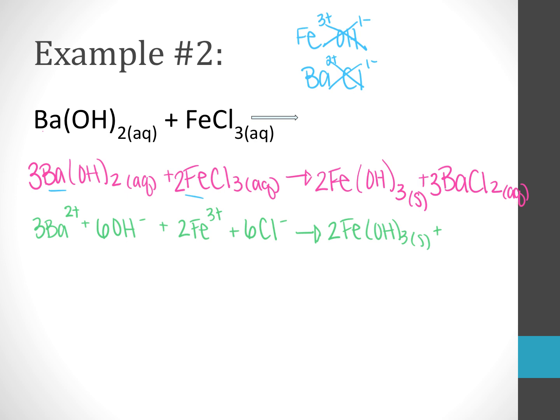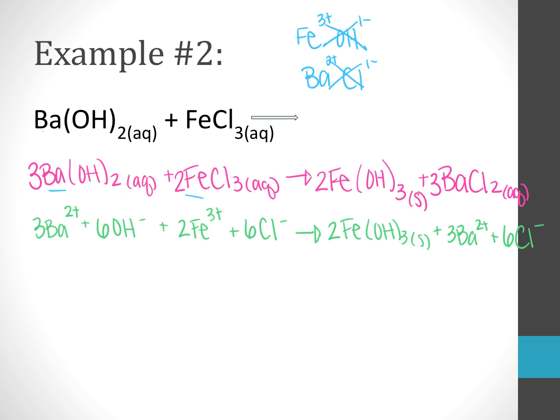Okay. So we have 3 bariums. And then what's 3 times 2? Okay, so 6. And I'm going to write that as 6 chlorines. Okay, so this really long one, that's what we call the complete ionic.